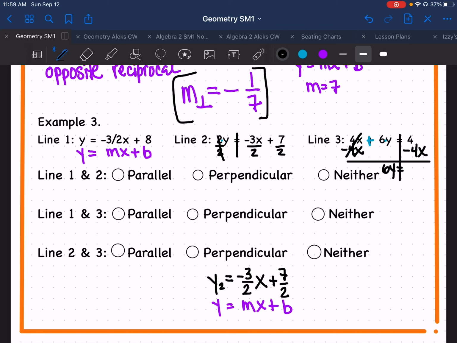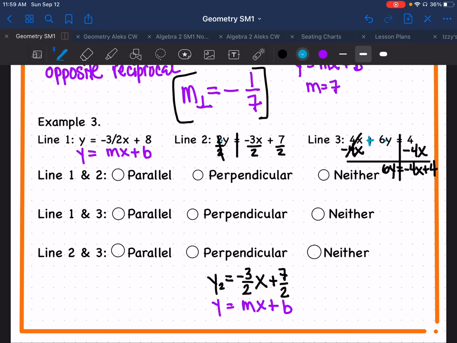Now, we can write 4 minus 4x. We cannot subtract them. We cannot say 4 minus 4 is 0, so we have 0x. The first 4 on top does not have an x, so I cannot actually subtract 4x from it. But I'm going to write it in this form because of y equals mx plus b.